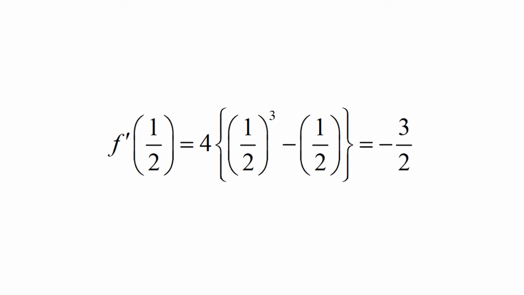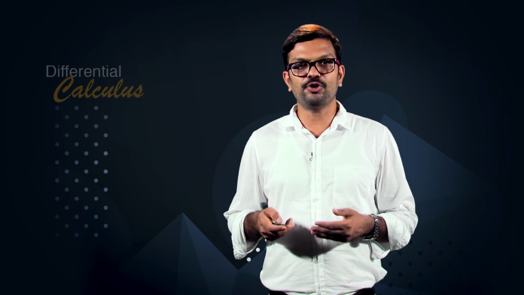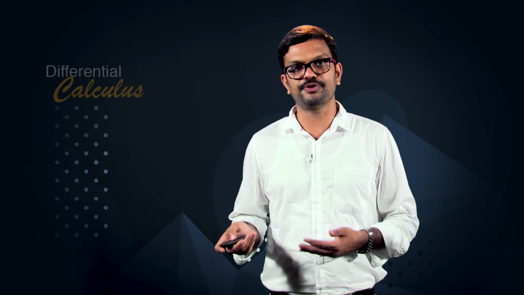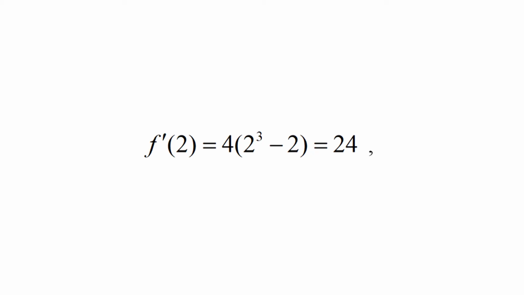So, f(x) is strictly decreasing in 0 to 1. Finally, taking the point 2 in the open interval 1 to infinity, we see that f'(2) is equal to 4 times 2 cubed minus 2, equal to 24, a positive number. So, f(x) is strictly increasing in the interval 1 to infinity.